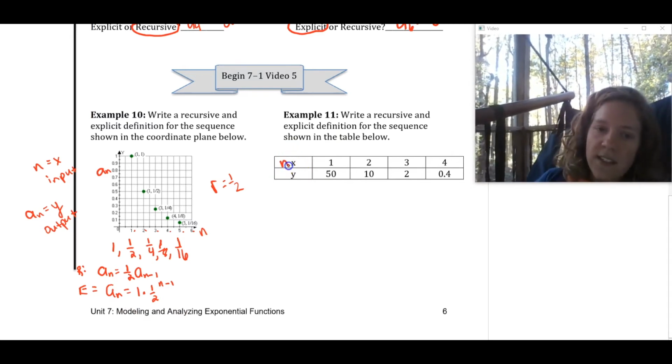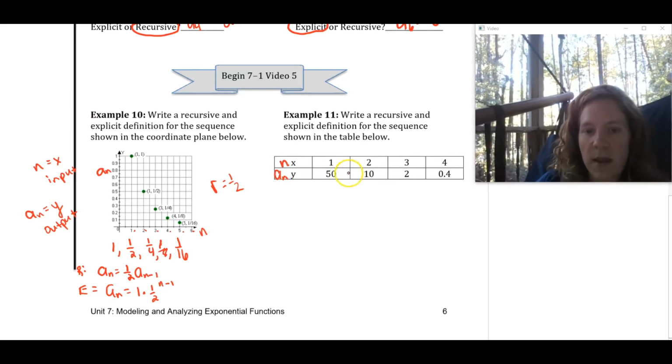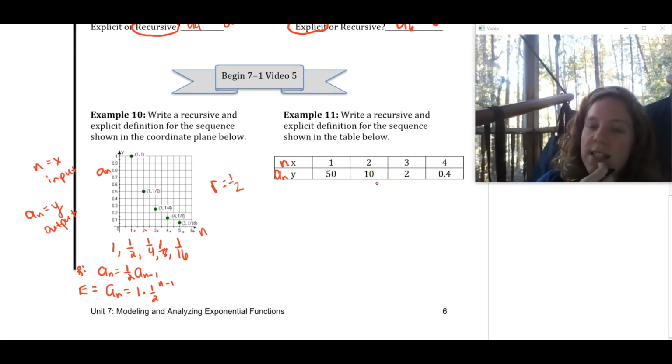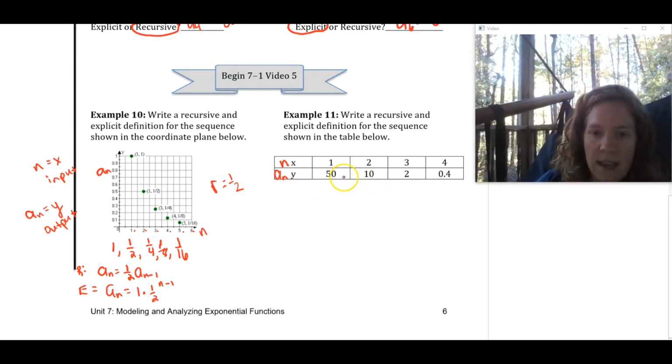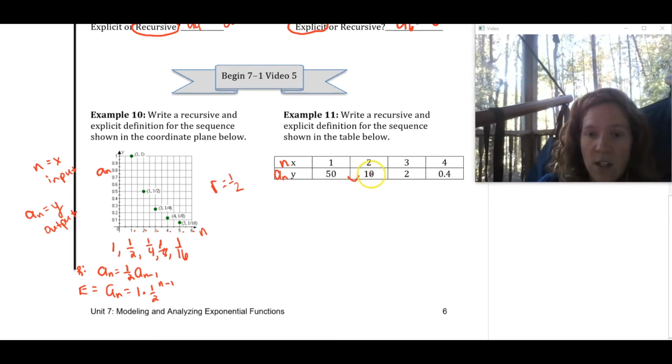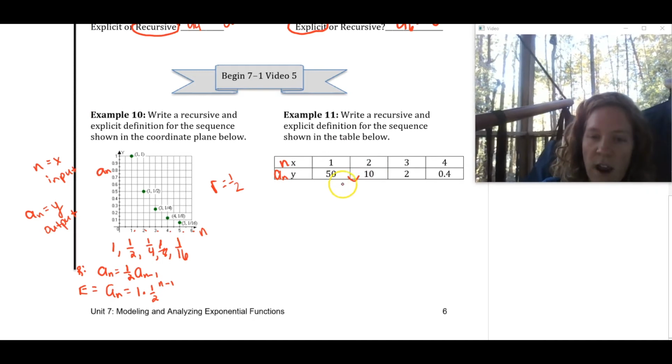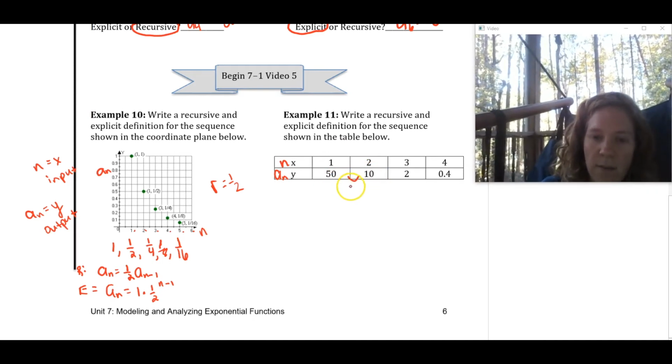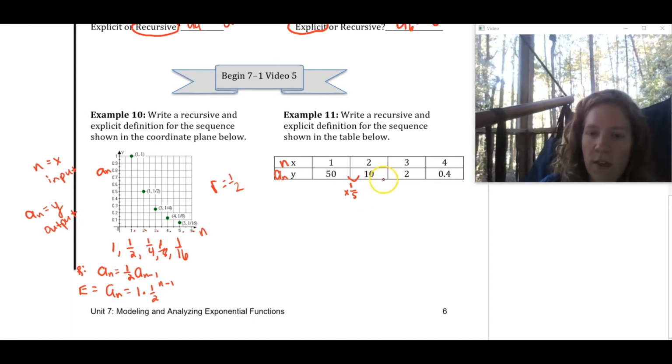All right, let's look at a table. Remember, x's are the same as n, y's are the same as a sub n, so these are my term numbers, these are my values. To figure out what's happening, I'm going to say 50 times what? Well, it's clearly going down, so to figure out exactly what the fraction is, I could do 10 divided by 50, and it will tell me that the common ratio is 1/5.